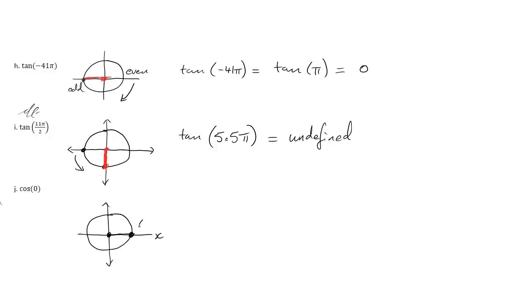And so the coordinate here is 1 and 0 because there's an x value but there's no y value. And remember that cos looks at the x value, so that's just going to be 1. Remember to actually answer the question, equals 0, etc.